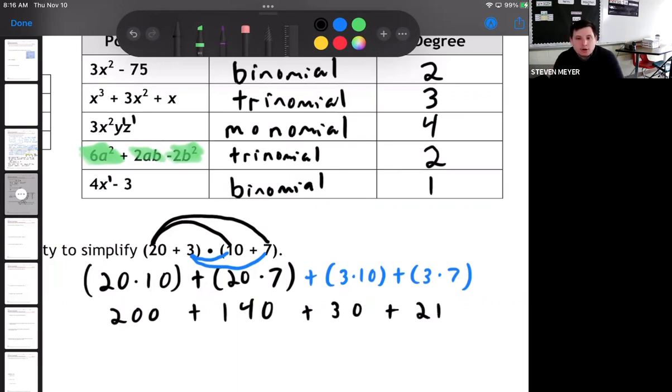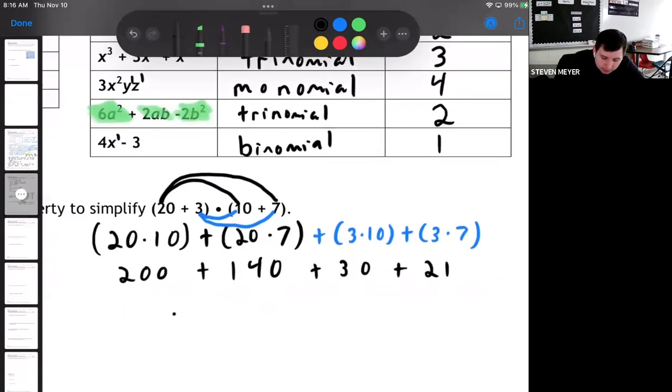So then we add all 4 of these together, and I get 391. And this is looking at the dimensions of something, so I'll put the units as being feet squared.